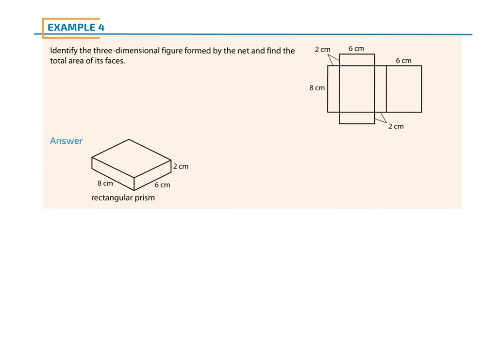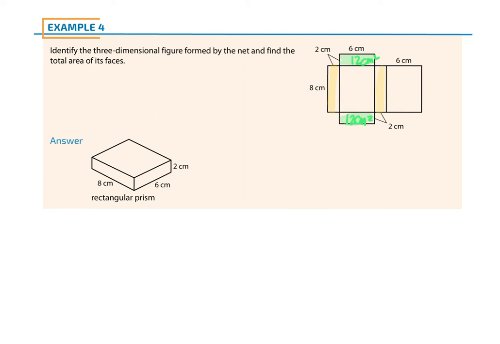And so if I wanted to calculate the area of all of these, I would say, well, this is 6 by 2, and this is 6 by 2. So those individually would each be 12 centimeters squared. And then if I did this one on the side here, I have 2 by 8, and that is 2 by 8.